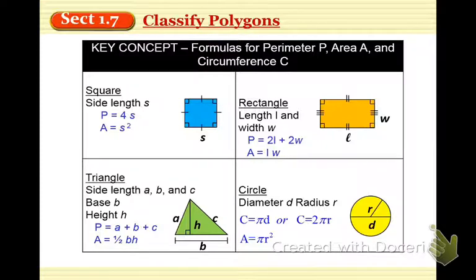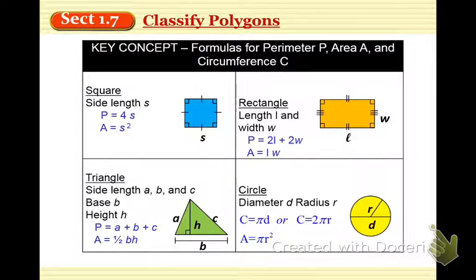A triangle. The perimeter is A plus B plus C, just the sum of the sides. The area is 1/2 the base times the height. All right, 1/2 base times height.